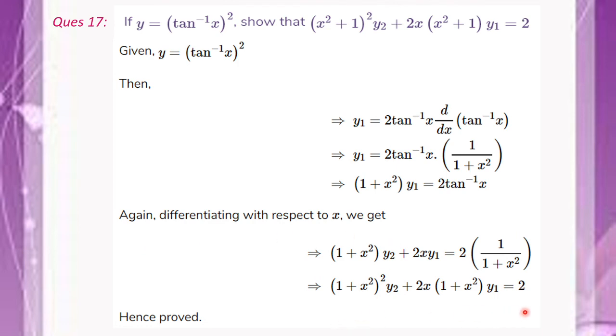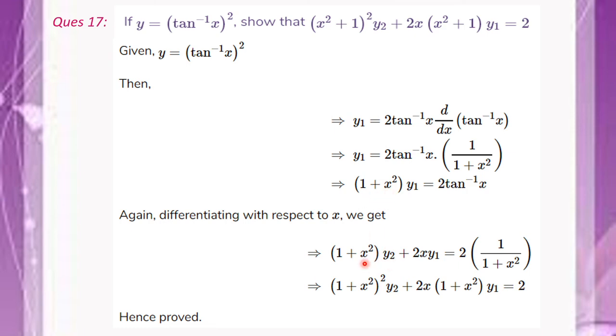Again differentiating, we will get 1 plus x square y2 plus 2x y1 is equal to 2 into the derivative of tan inverse x, which is 1 upon 1 plus x square. Here, students, what are we doing? We are applying the product rule.